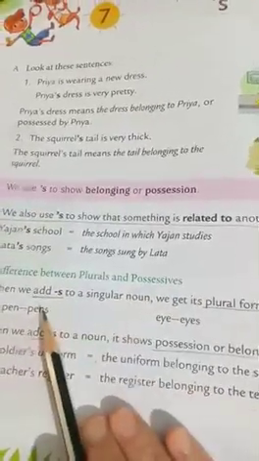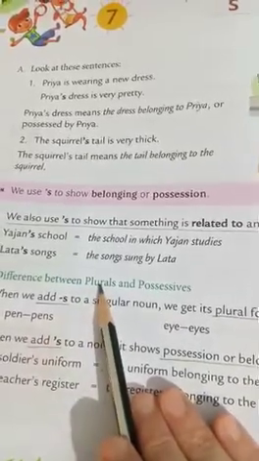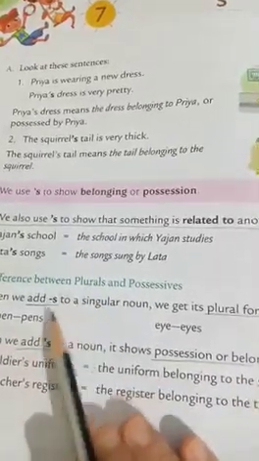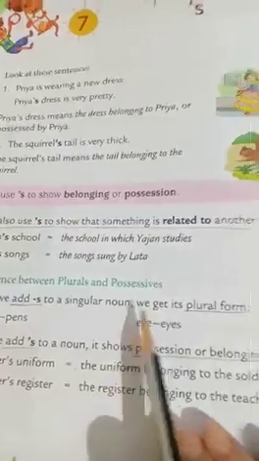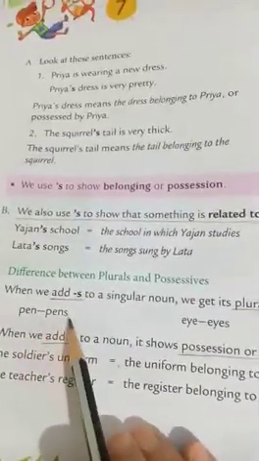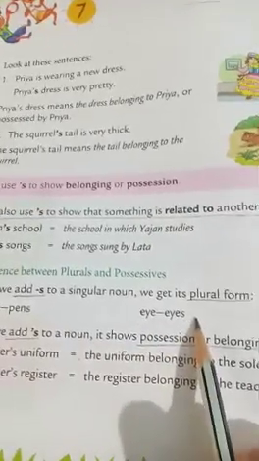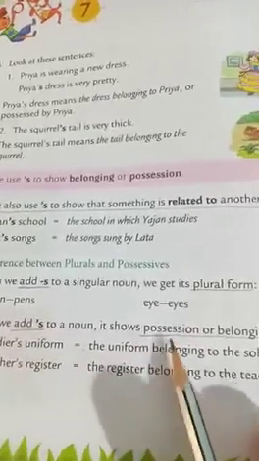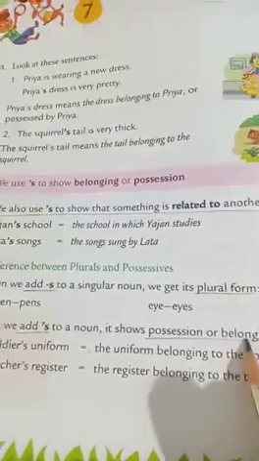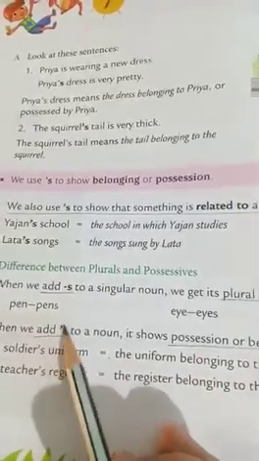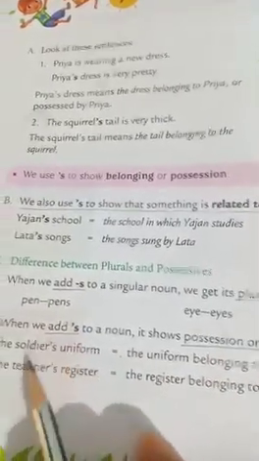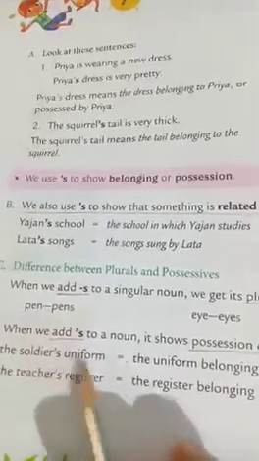In the previous lesson you have learned plural form. How do you form it? You add S to a singular noun to form a plural noun. Okay, like for example, pen, pens, eye, eyes. But to show possession or belonging, what do we do? We add apostrophe S. Now see children, the soldier's uniform.